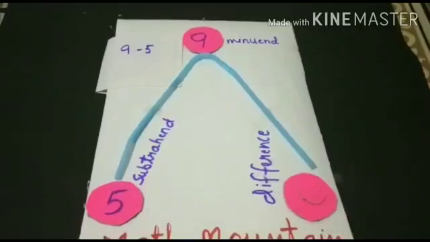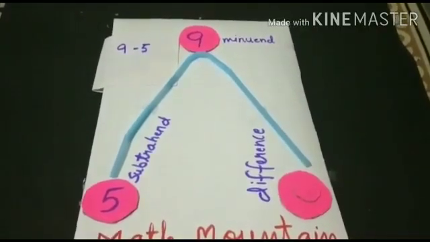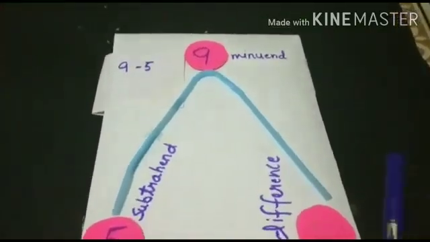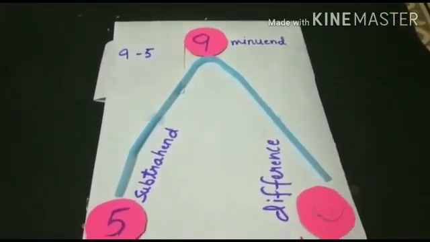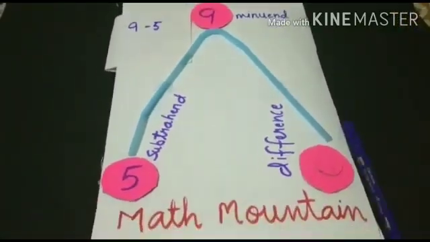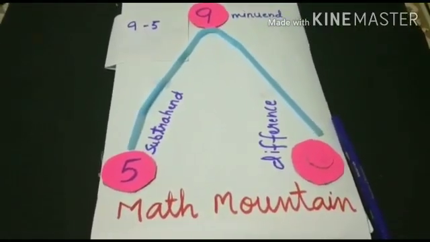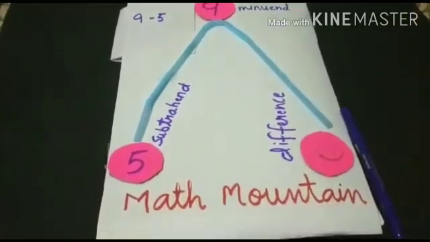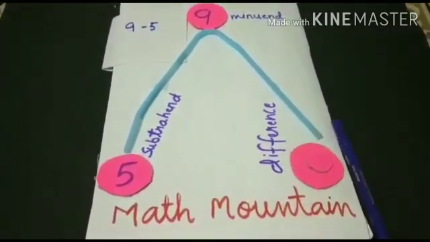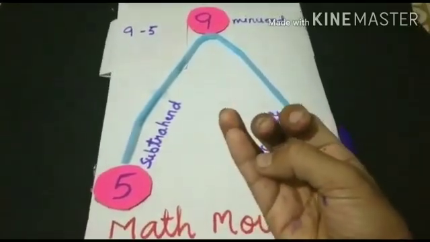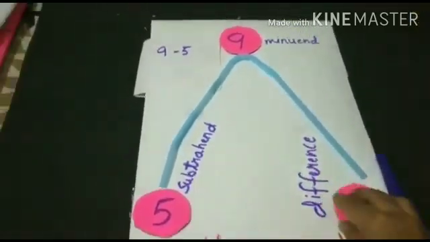In earlier classes, when we were small children, we used to make beads or lines. Now what will we do? For a bigger digit, we will keep 5 in our mind and 4 on our fingers. After 5, we will count 6, 7, 8, 9.